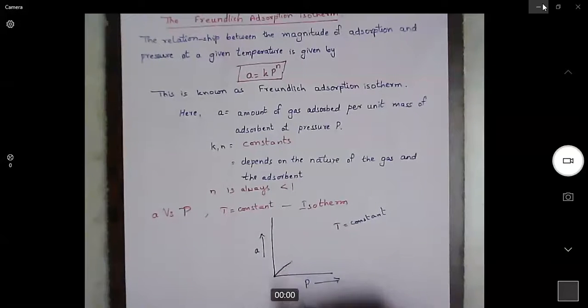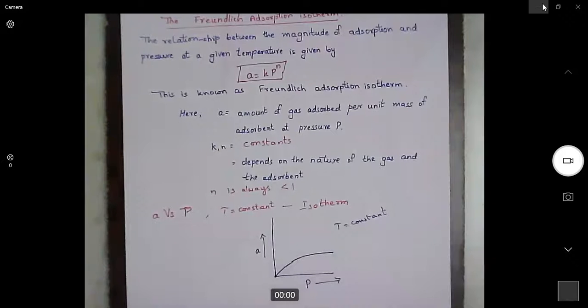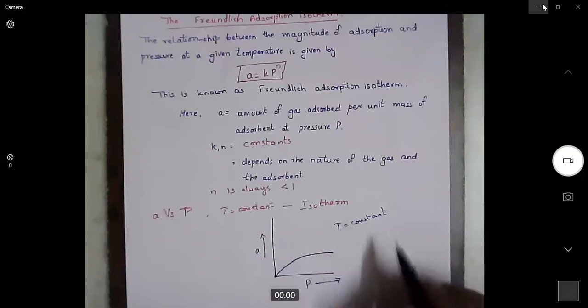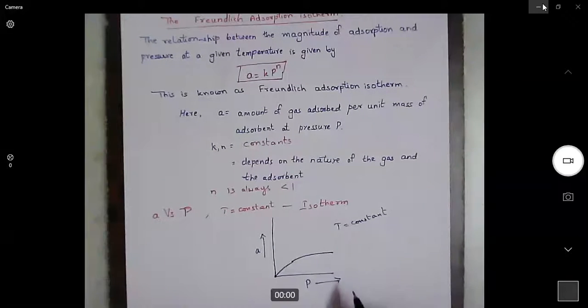With increase in pressure, the amount of gas adsorbed will increase and it will become a maximum at a particular point. After that, there will be no increase in the amount of gas. However much you increase the pressure, the amount of solute adsorbed will be constant. So this graph is called an isotherm.